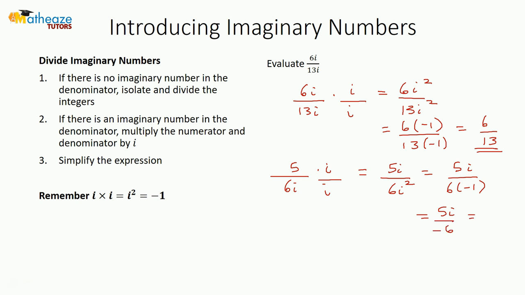We can bring out the negative sign here, and it becomes negative 5i over 6. So that's an example to show you why it's always important to follow the right method as you try to evaluate fractions that have imaginary numbers in the denominator.